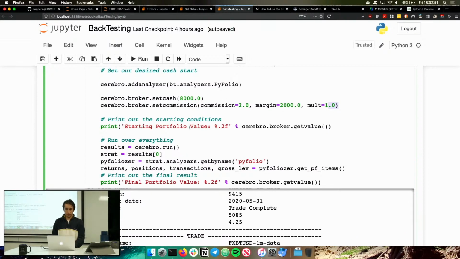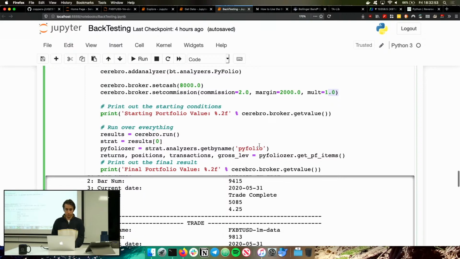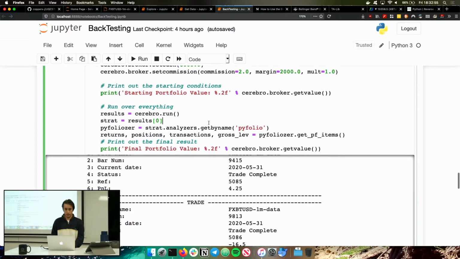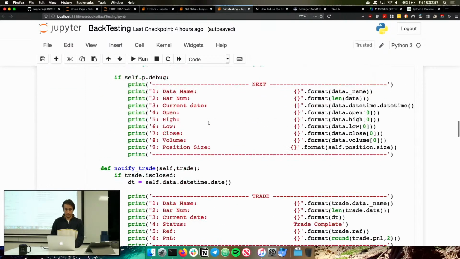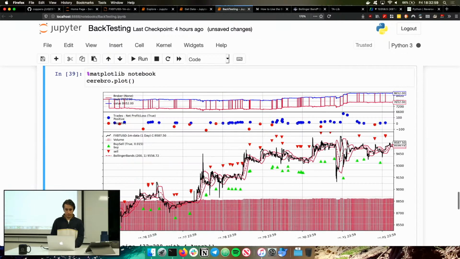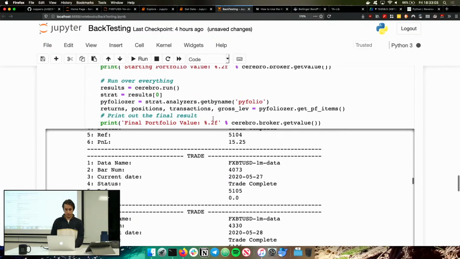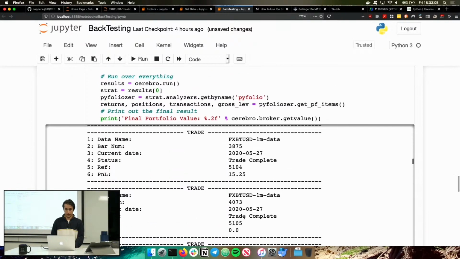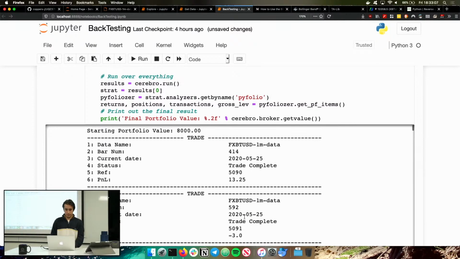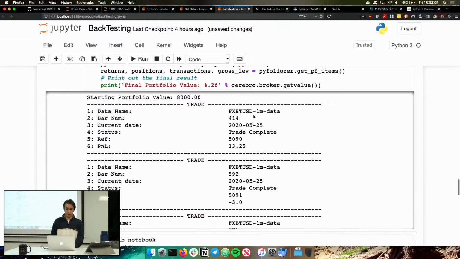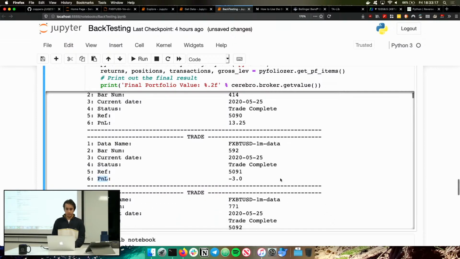So we print out the starting portfolio, and we'll run. Let's run it. Here we can see all the trades that it is theoretically entering and exiting. Once the position is closed, it's logging the P&L, the profit or loss, for each one.